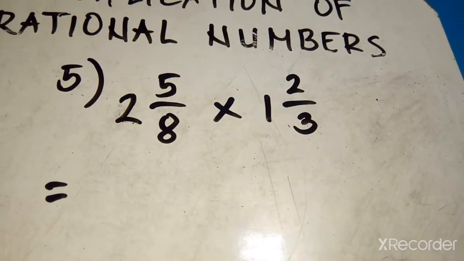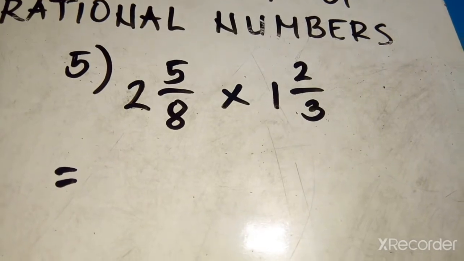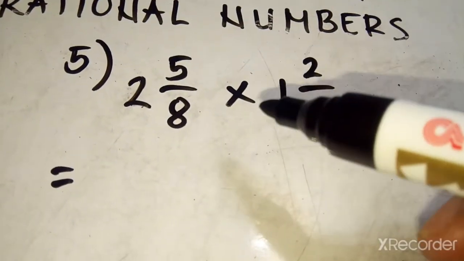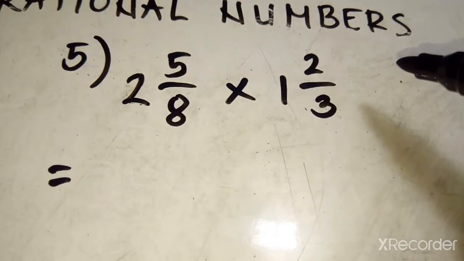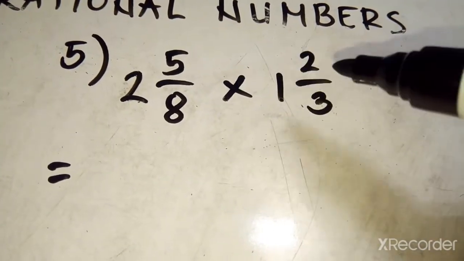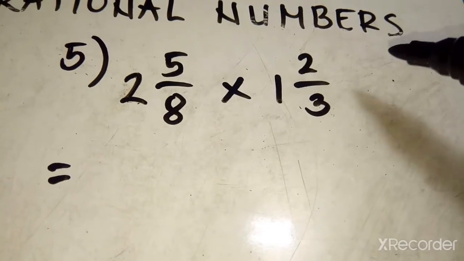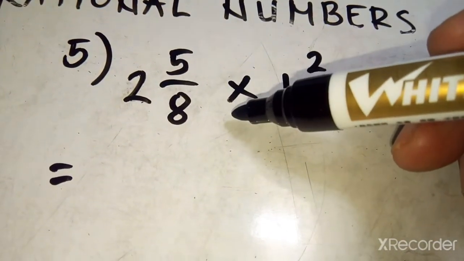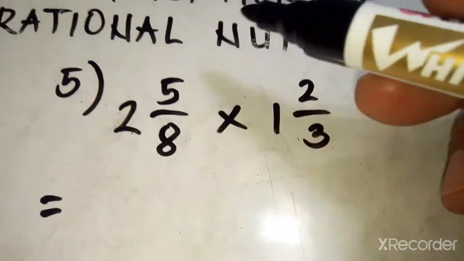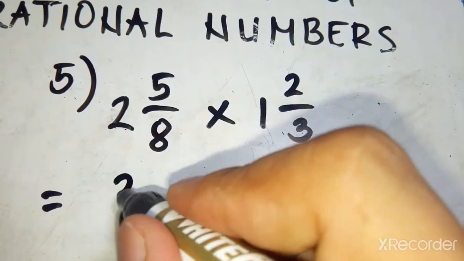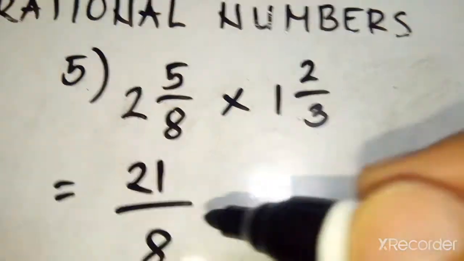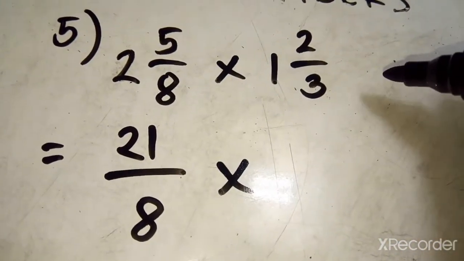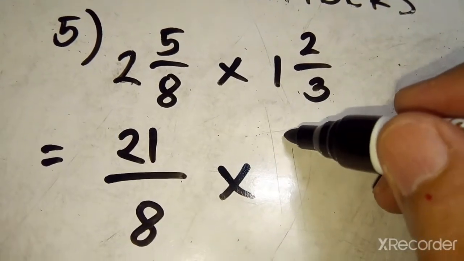Okay, so let's have example number 5. Example number 5, they are both mixed numbers. So we'll change 2 and 5 over 8 and 1 and 2/3 into improper fractions. Okay, so that's 2 times 8 plus 5, so that's 21 over 8 times, so that's 1 times 3 plus 2, so that's 5/3.